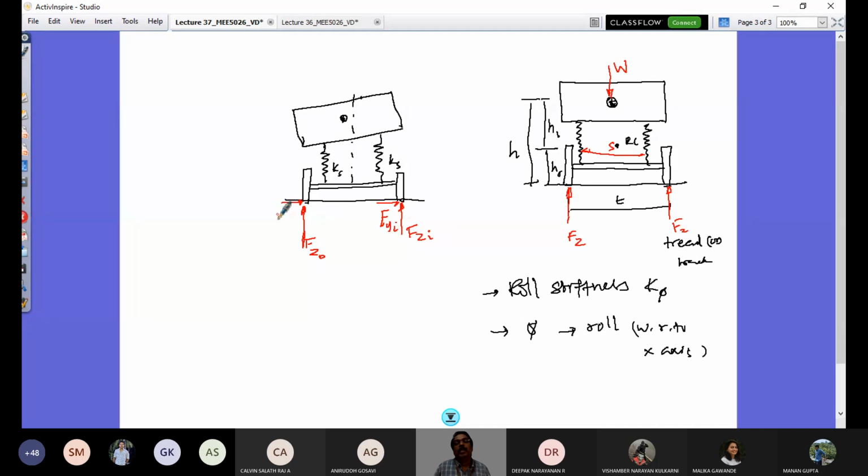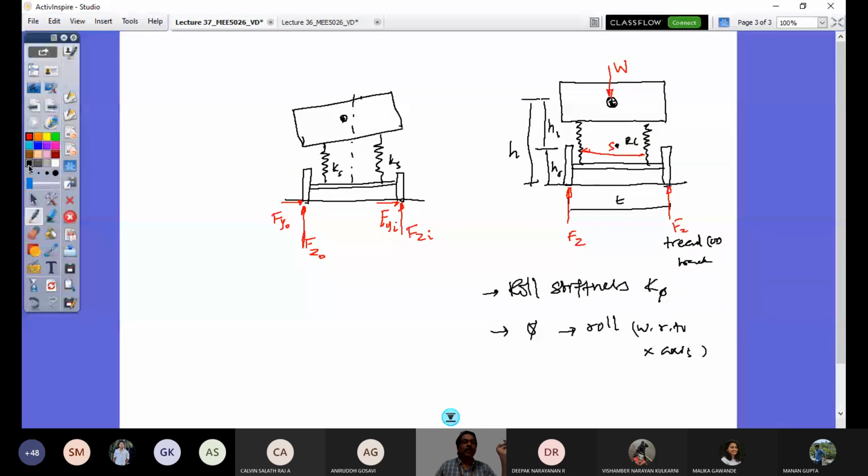This is Fyo, and this is Fyi. And the resultant of these two, the sum of these two, Fy, would be transferred to the sprung mass at the CG location through the point called RC. That's the point called RC. So let me just explain that transfer with respect to these lines.